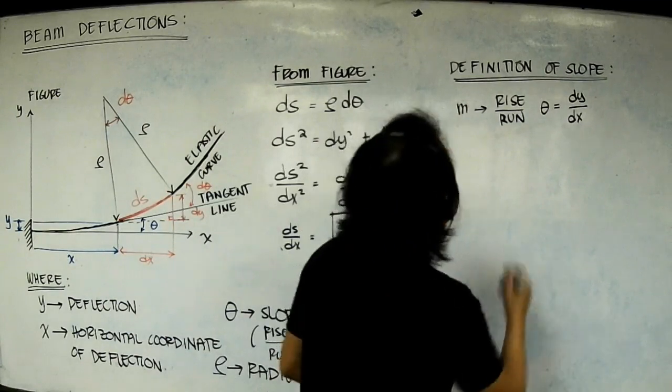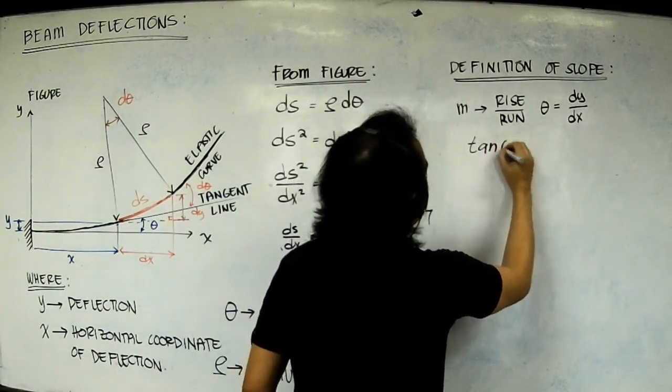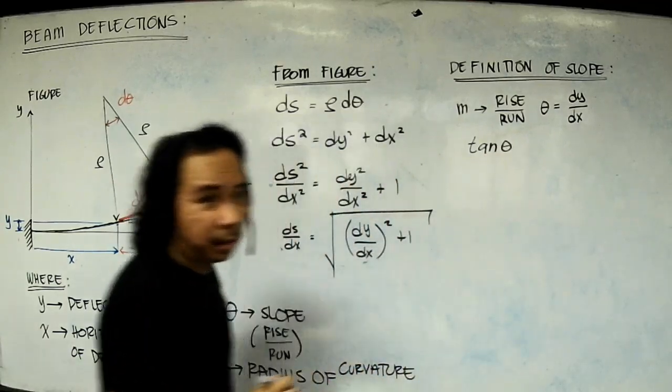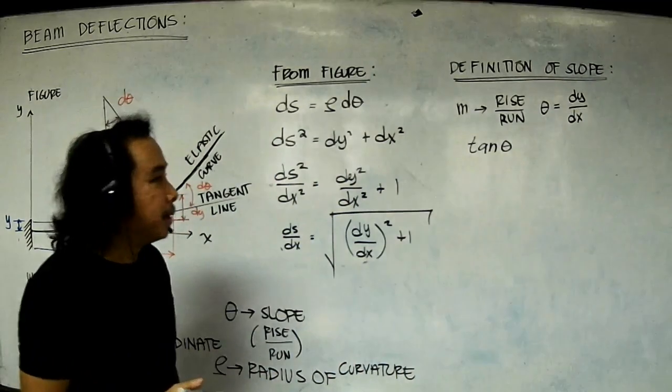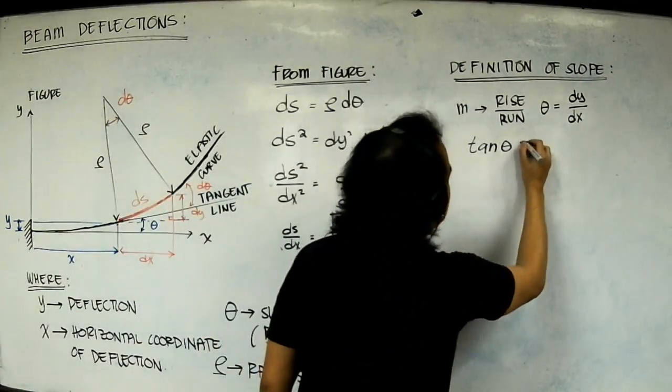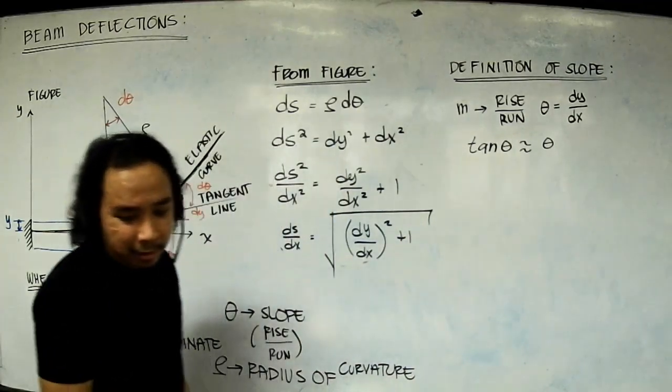Now, say this trigonometric function, tangent theta. If theta is very small, it is almost approximately equal to the angle itself. Okay?